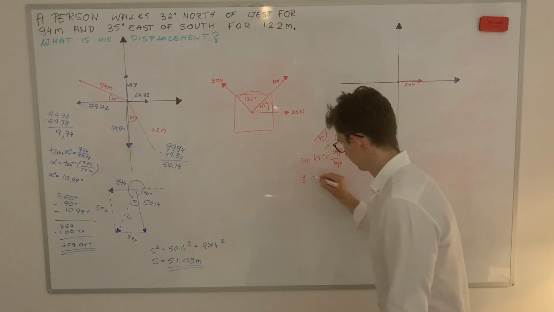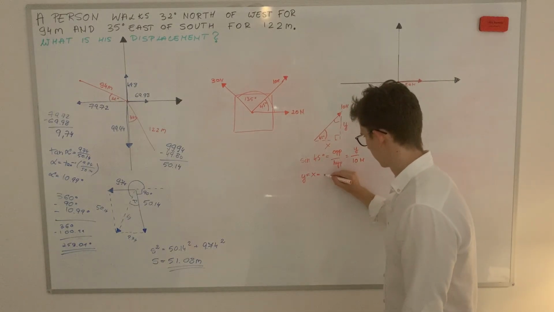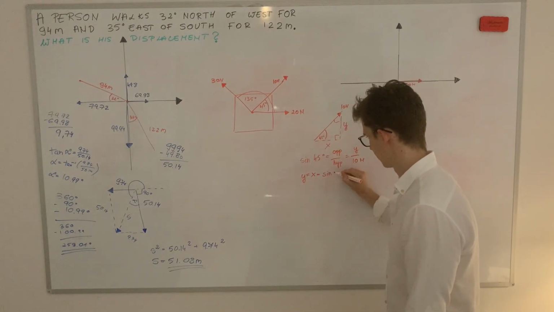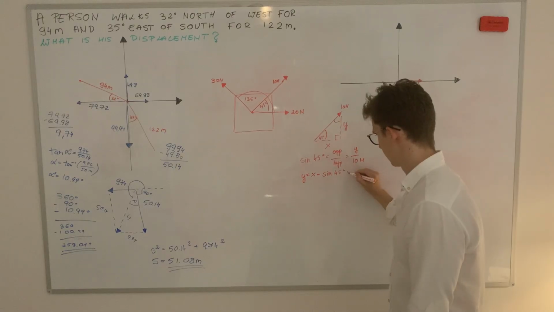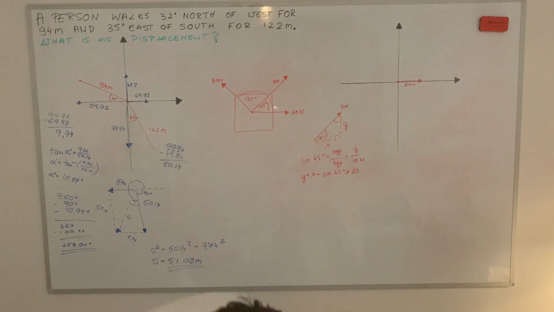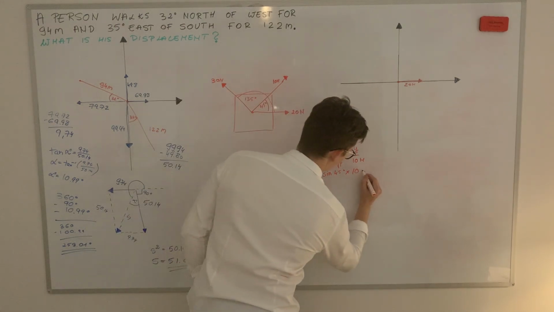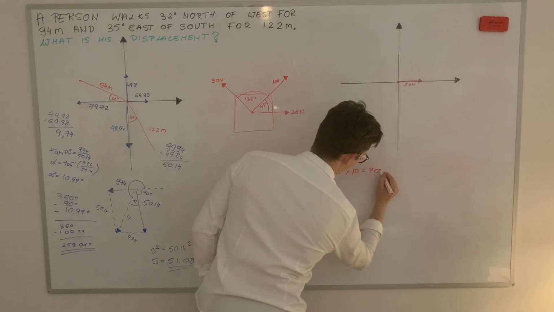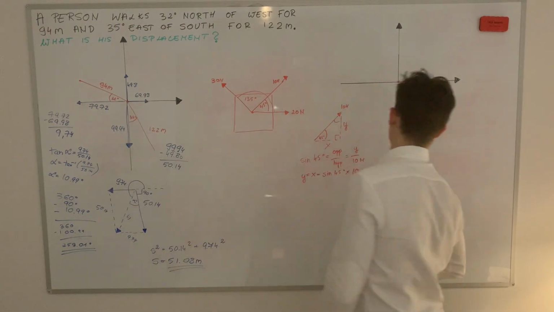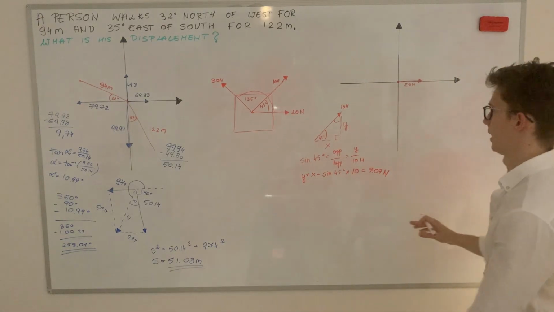Therefore, to find y, and y in this case is equal to x, we're going to have to multiply sine of 45 degrees by 10. Plug that into your calculators. What you should find is that these are both equal to 7.07 newtons.